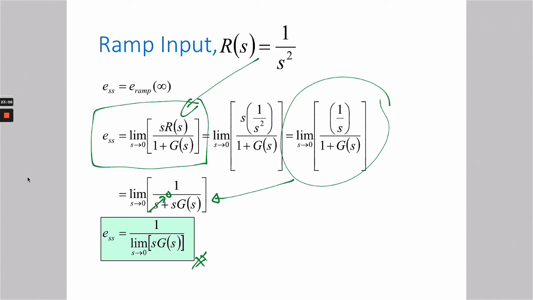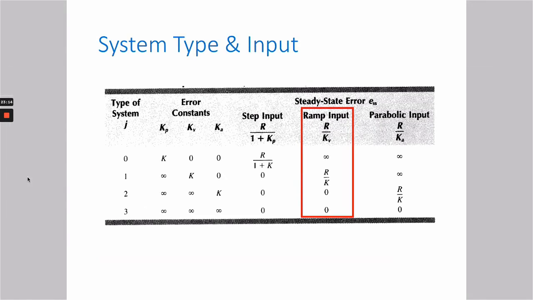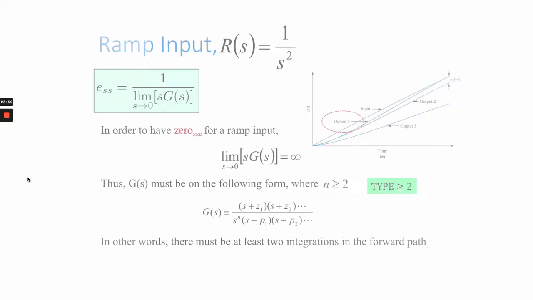We have 1 over the limit as s approaches 0 of s times G(s). So for the ramp input, it gives you 3 different types of output: infinite steady state error, a finite value of steady state error, and 0 steady state error, for type greater than 2.